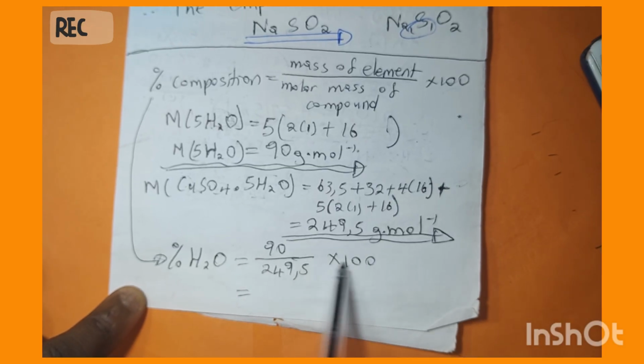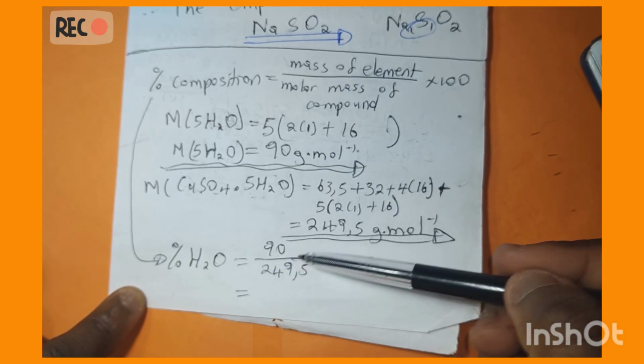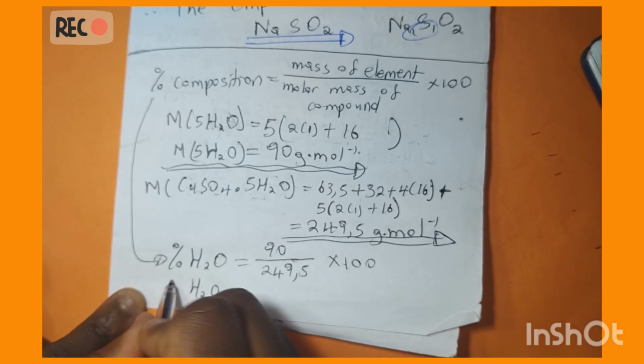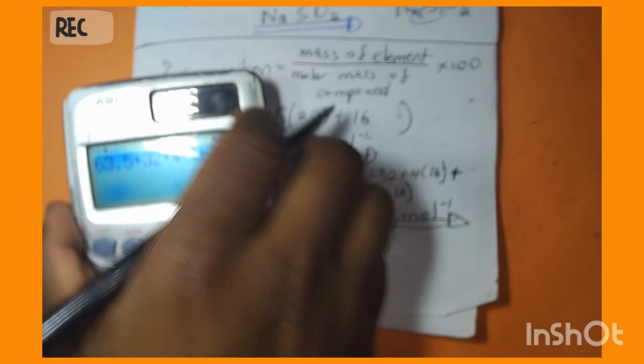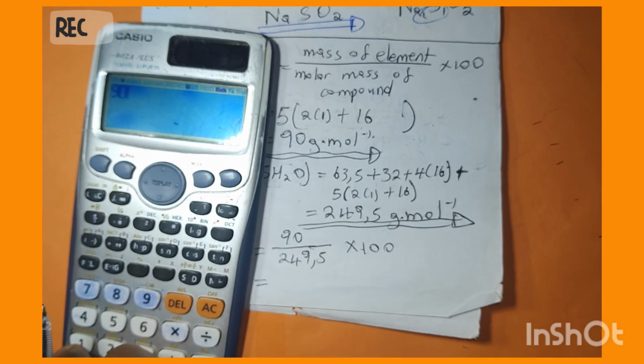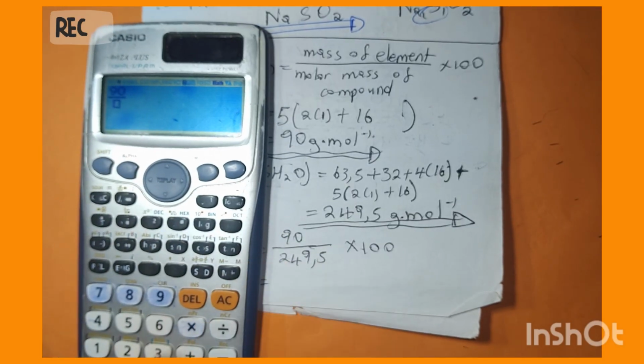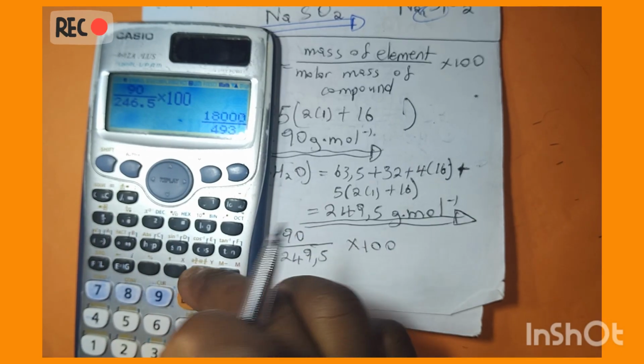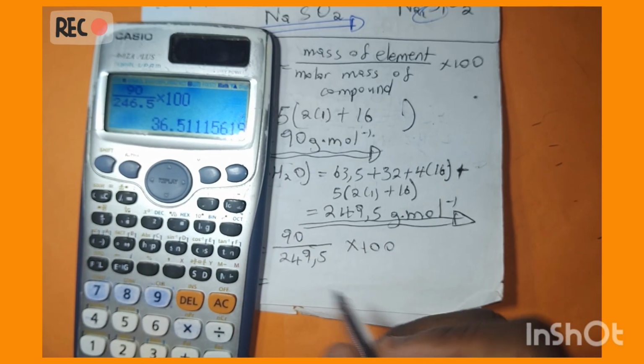All the time, when you calculate a percentage, the denominator should be bigger than the numerator. So we've got the percentage of water in that compound: this divided by this, multiplied by 100. This is what you will get.